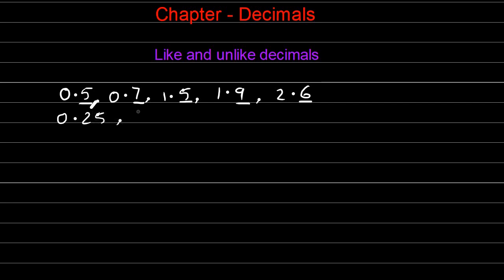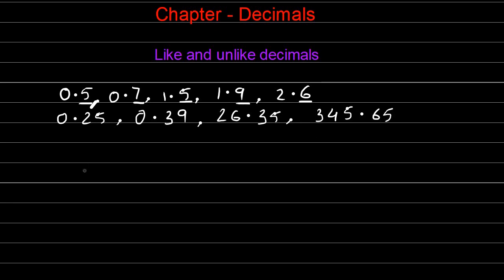We can also take examples like 0.25 or 0.39 or 26.35. Then we can also take 345.65.